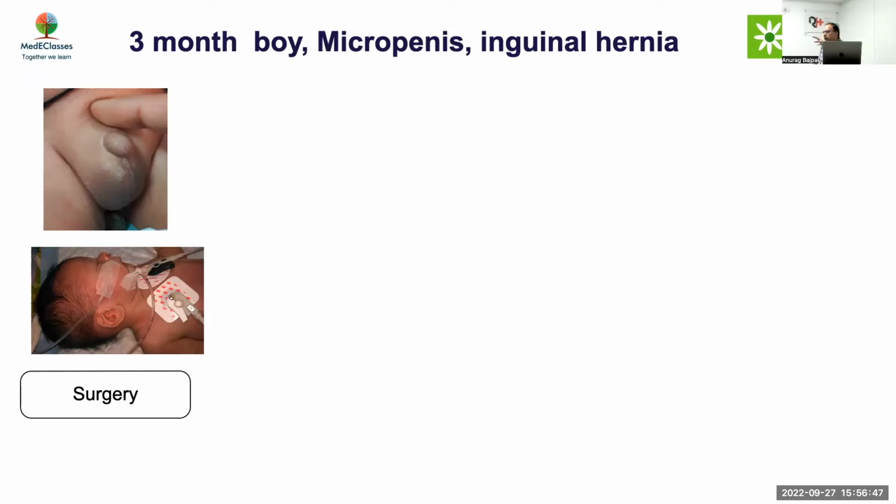And what else will you look for in the examination? There will be microcephaly, upturned nares, and there will be polydactyly, syndactyly. So there was microcephaly, upturned nares was there. So you are thinking of a lipid problem in the form of Smith-Lemli-Opitz syndrome.